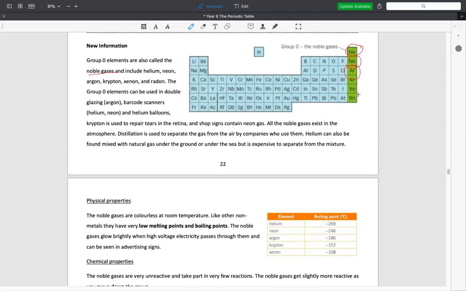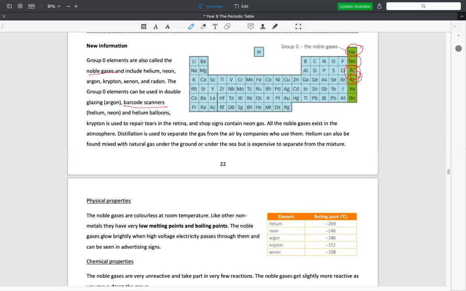We have krypton, and that is used to repair tears in the retina. And helium and neon are also used in barcode scanners. And you just need to know these in not too much detail, just some examples of the uses, I would say, would be good to know.